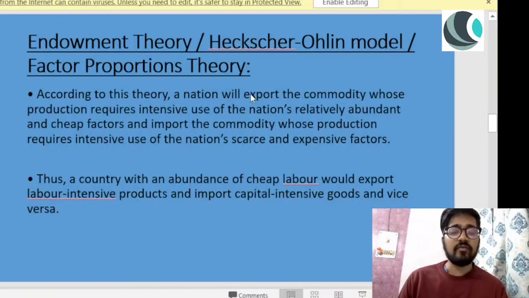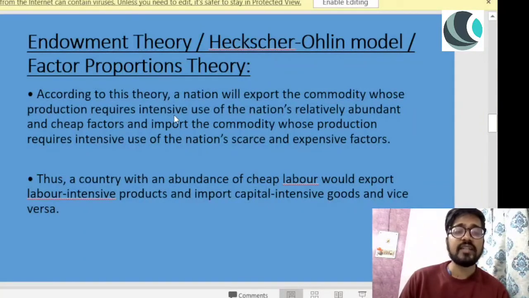I'll just repeat it once again. According to this theory, a nation will export the commodity whose production requires intensive use of the nation's relatively abundant and cheap factors. So, we are talking about India. In this case, we will produce labor oriented products more and we will export them at a more expensive price, because in the US they won't have labor oriented products, because they have all machinery in place, they don't have abundance of labor.